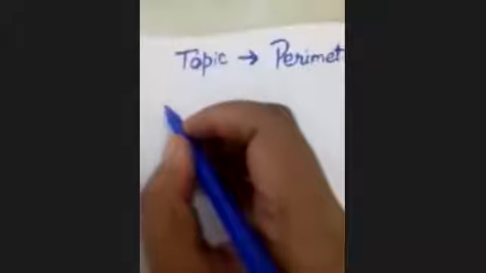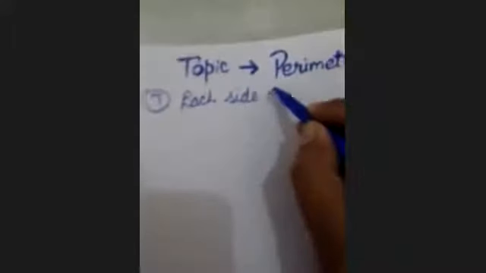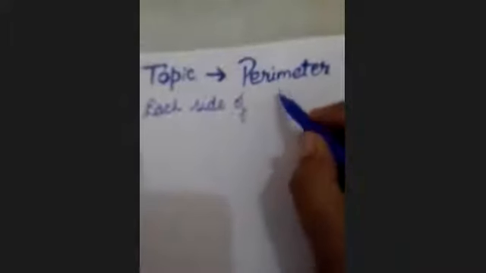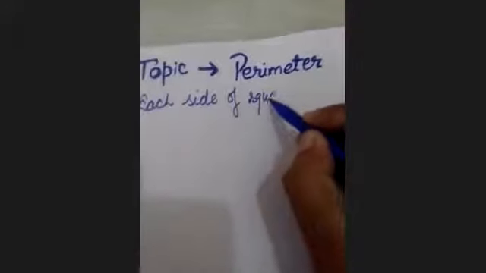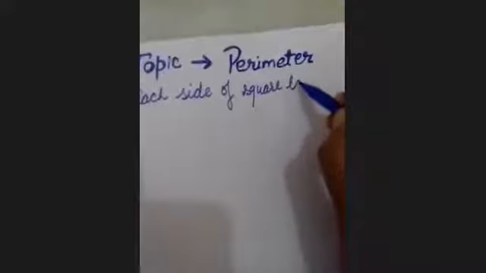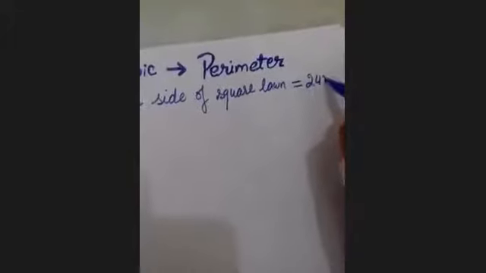Now, first we'll write each side of square lawn is 24 meter.